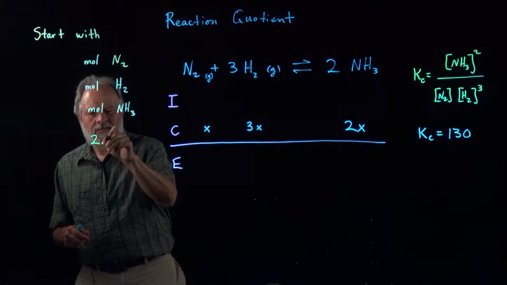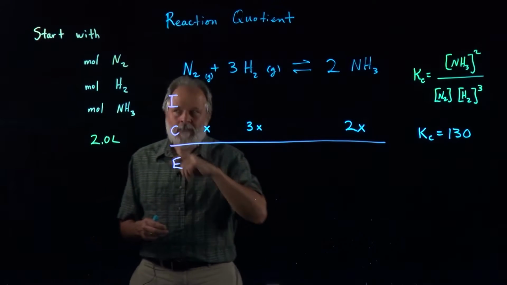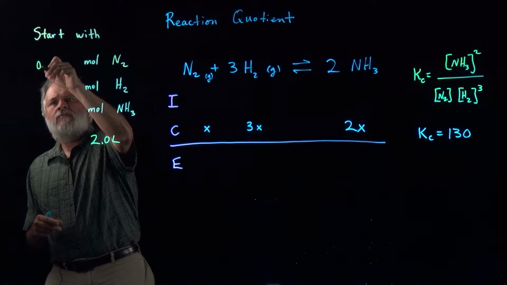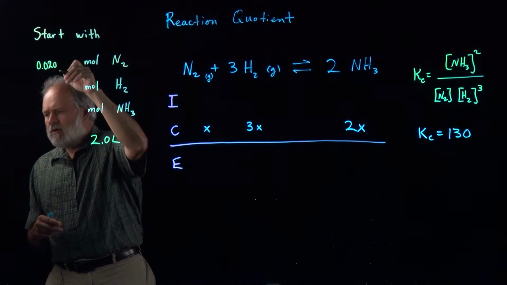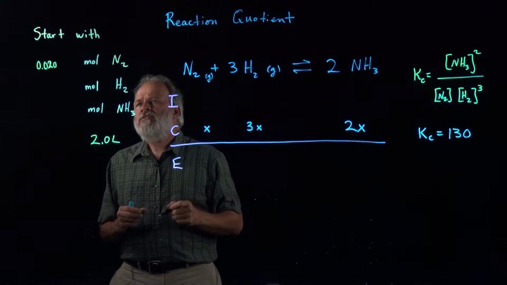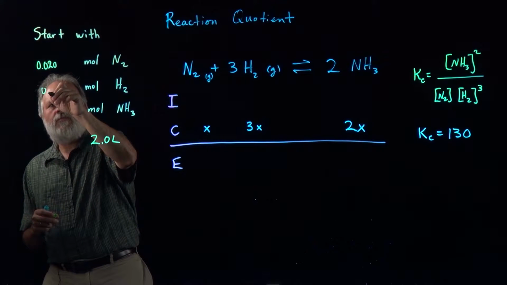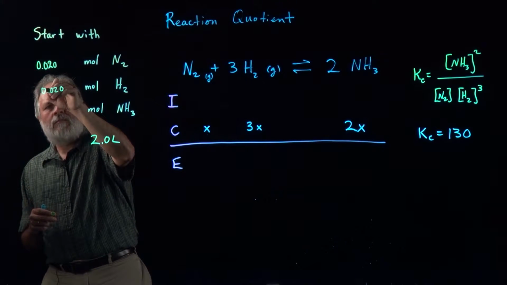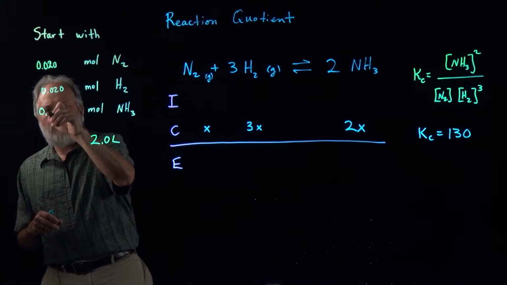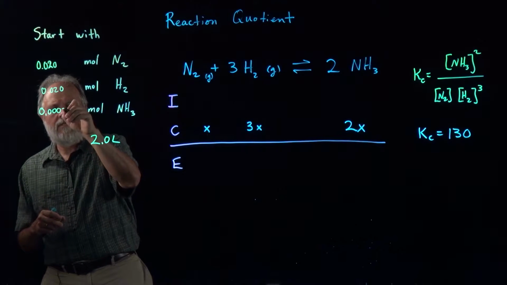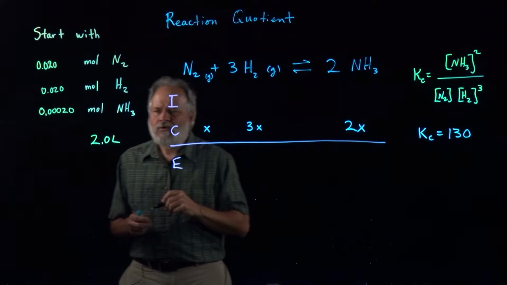So this is 2 liters again, and we're going to start with 0.020 moles of nitrogen, 0.020 moles of hydrogen, and 0.00020 moles of ammonia.